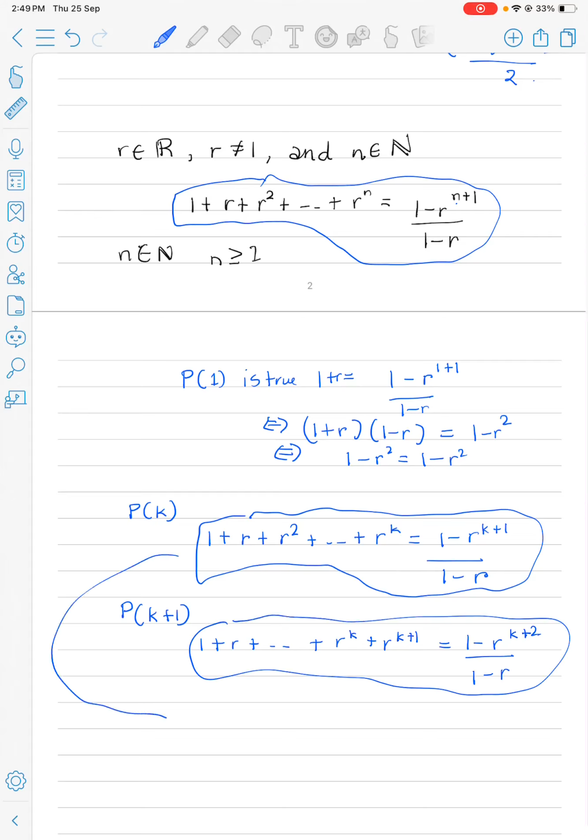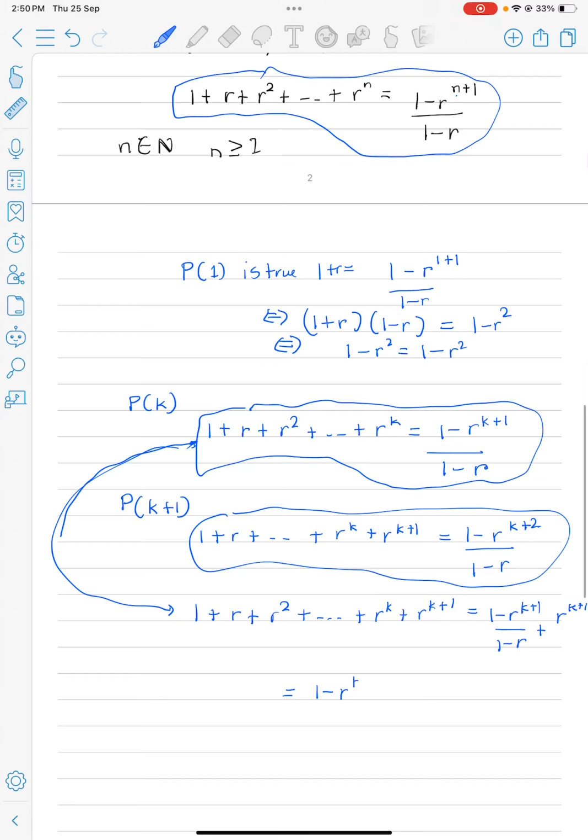So what you do, you add R to the power k plus 1 both sides to this equation. Okay, so if you add, you will get this, then 1 minus R k plus 1 by 1 minus R plus R k plus 1.